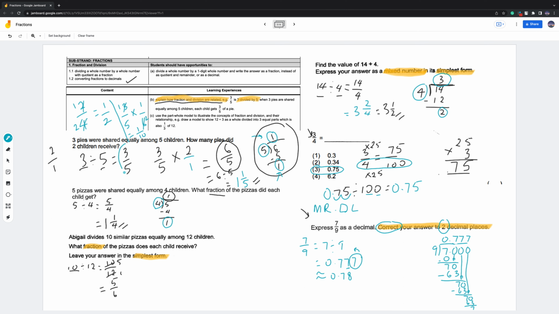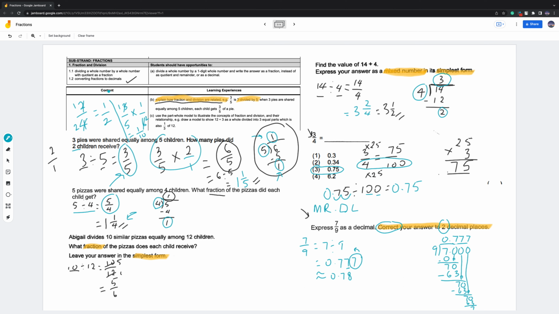We just make it into a fraction, like that. Alright, so we have the answer there. And for this question particularly, we want for 2 children, so we just do multiplication. But we are focusing only on this one. So 5 divided by 4, another example. 5 over 4 is an improper fraction. You can't leave it as an improper fraction.